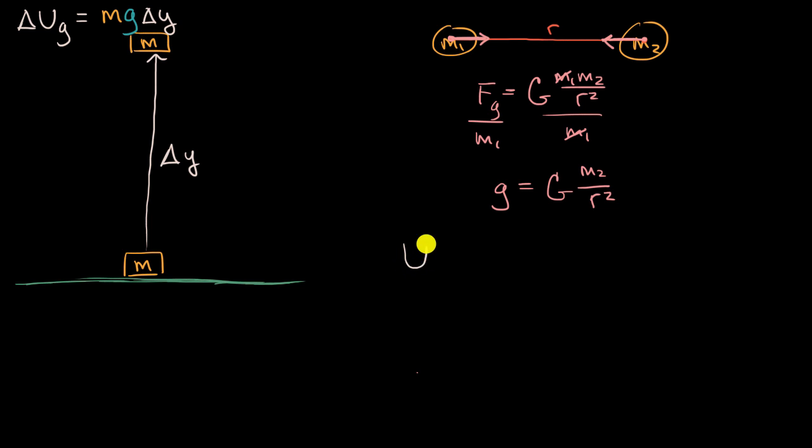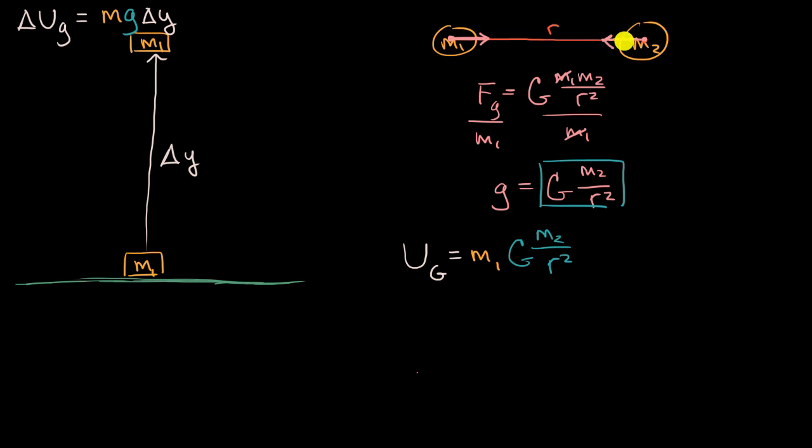We can say that gravitational potential energy, and this is typically denoted with a capital G over here, is equal to, let's say, the mass of the object, and let's just call that m1, the mass of the object times the gravitational field, so that's G times the mass of the object creating the field divided by r squared, times the height that this is above the center of mass of the object generating the gravitational field.